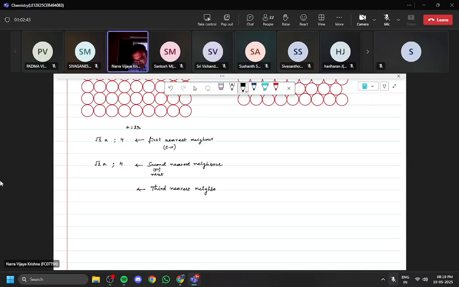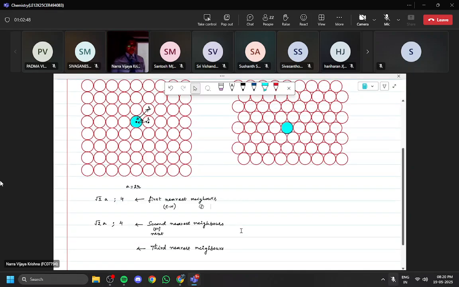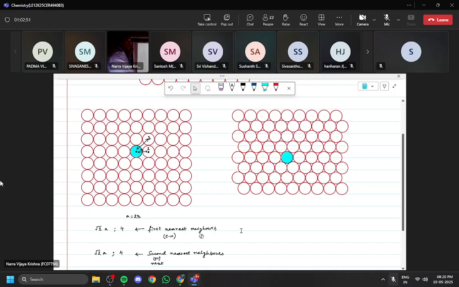Now, the number of third nearest neighbors. How many and at what distance? He is first, he is second, so is this one third? Is he the third nearest neighbor? At what distance?